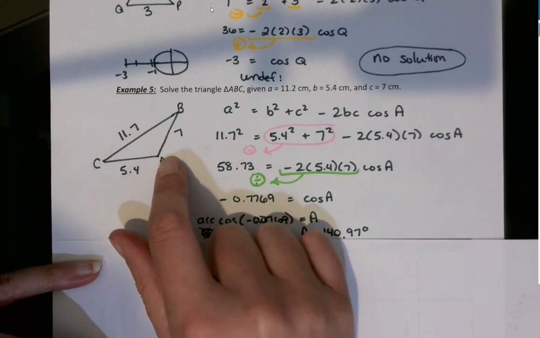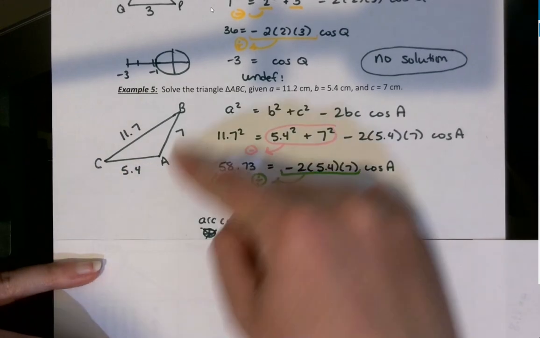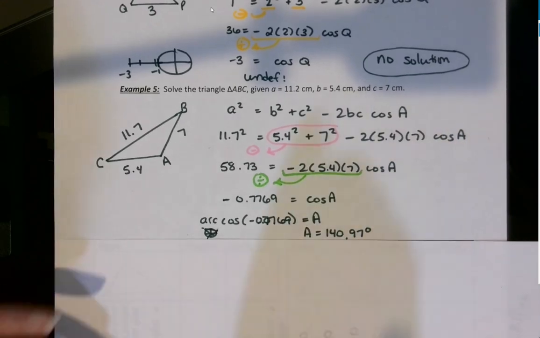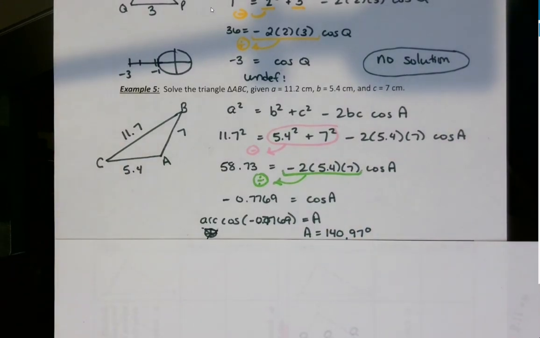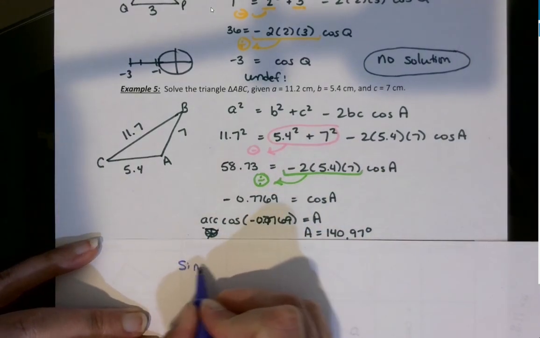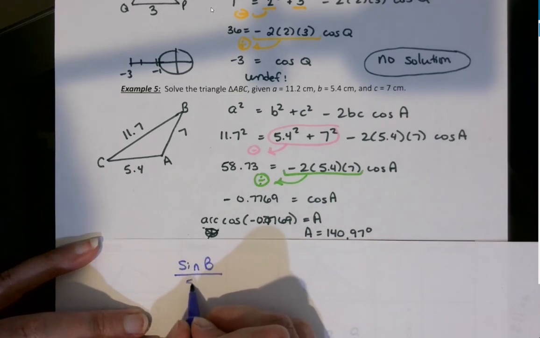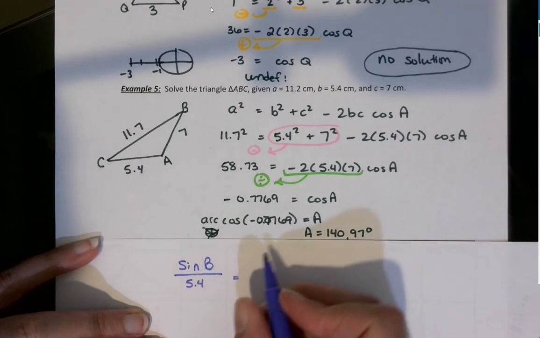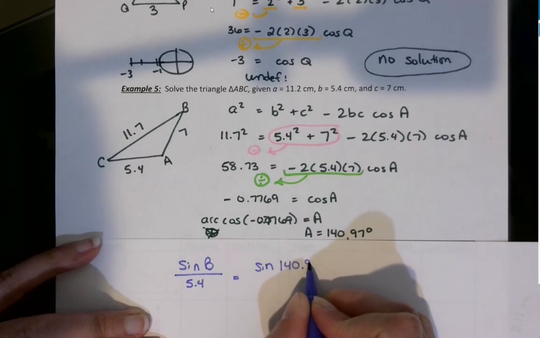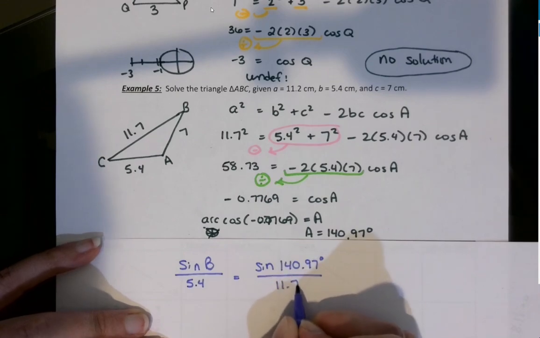So it is possible for me to use law of sines to find either of my other missing angles, or I could do the law of cosines process again with a different angle. My choice. I'm going to go ahead and use a law of sines, and let's just find angle B next. So I'm going to set up the sine of B over side B, which is 5.4, and then the sine of angle A, which is my 140.97 degrees, over side A, which is the 11.7.